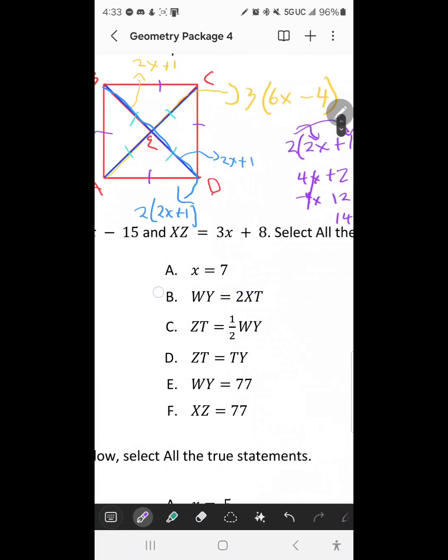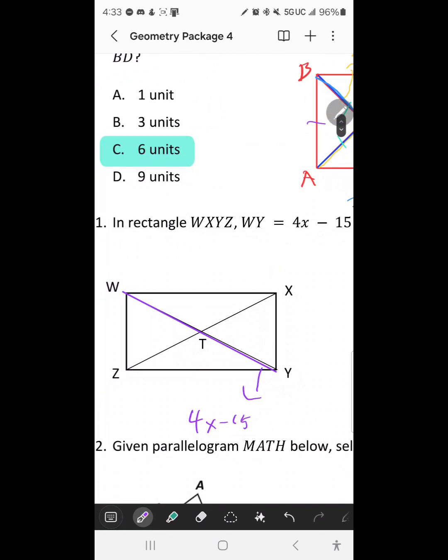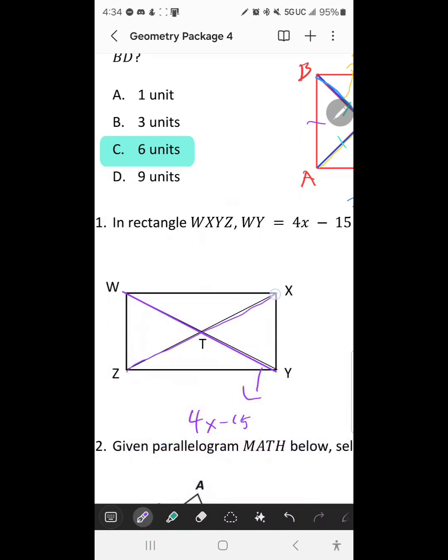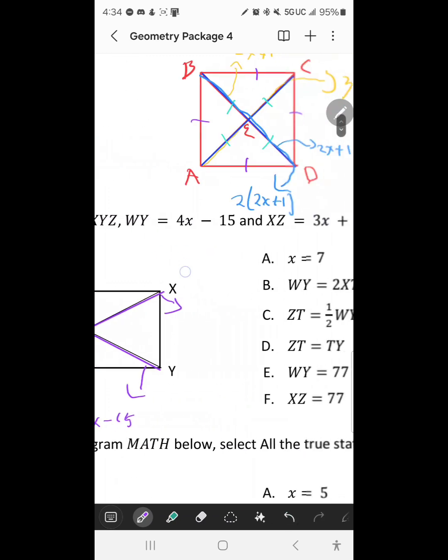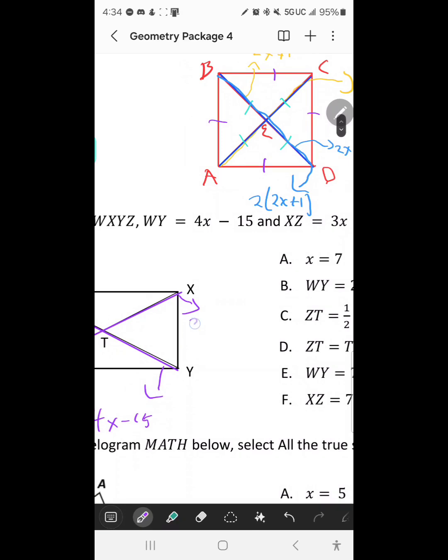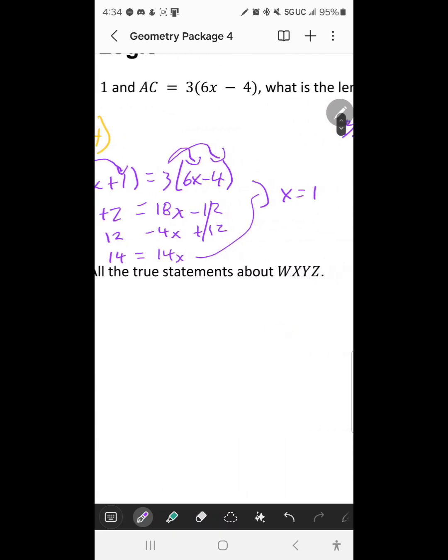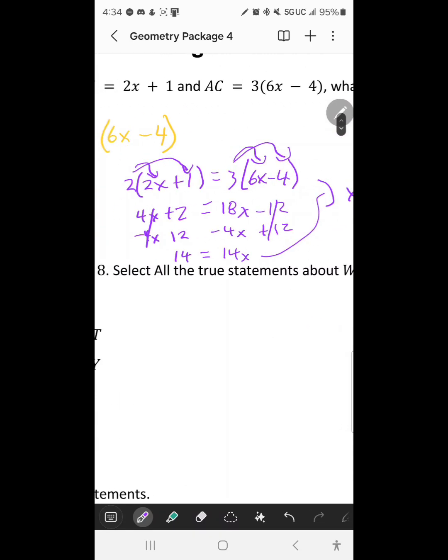And XZ, the other diagonal, is equal to 3x plus a. Select all the true statements about WXYZ.